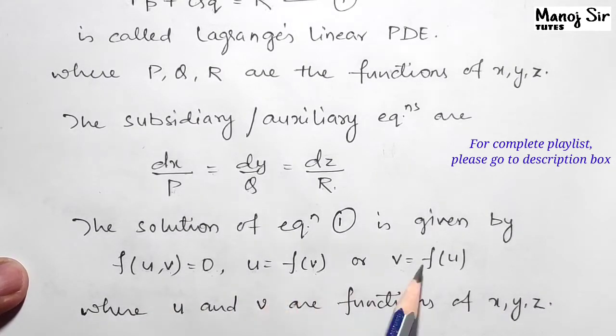We can use any of the formats, but I will be using this format for writing the solution of any Lagrange's linear partial differential equation, where f is an arbitrary function.